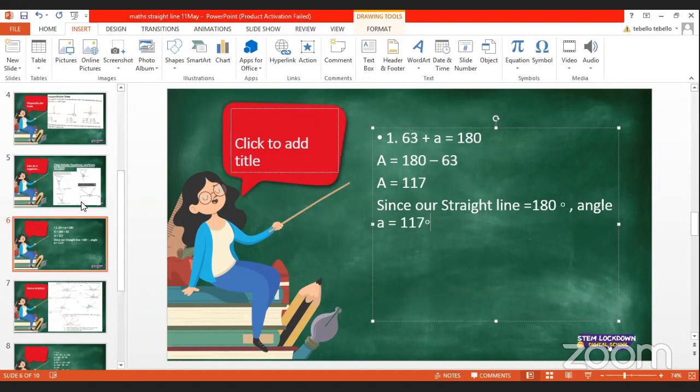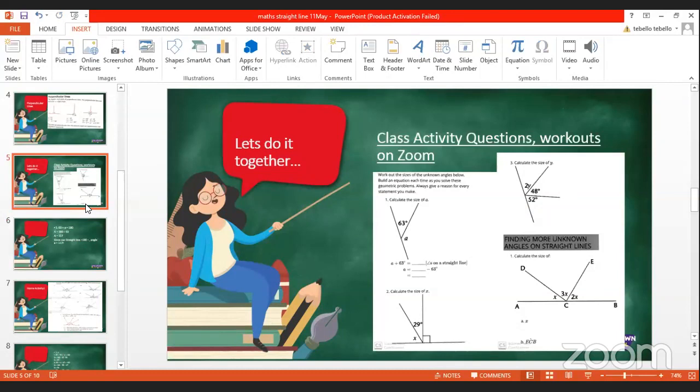So let's calculate the value for the second one. I told you when we started our lesson about this box here. Can you see this box? Can you please say in the comments what this box represents?